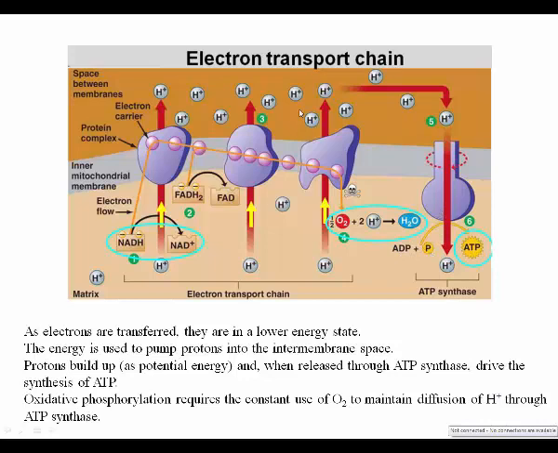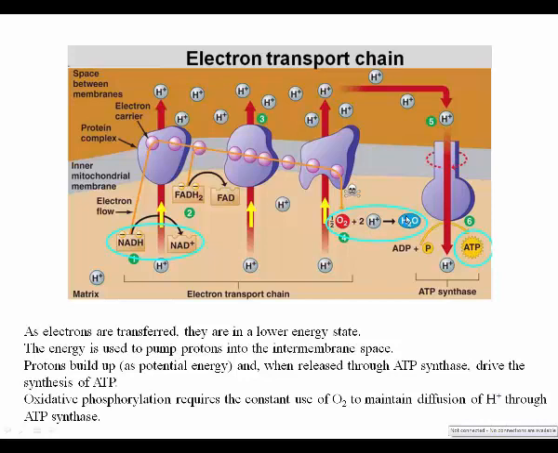The reason why there's this concentration gradient, more concentration of H+ up here, less concentration of H+ down here, is because oxygen is constantly not only taking up electrons but also taking up protons to make water, the byproduct of cellular respiration.